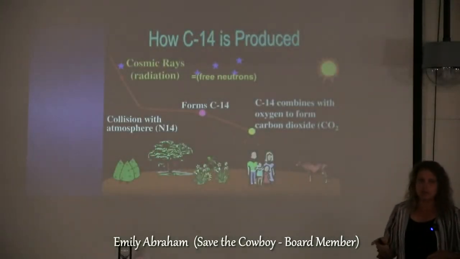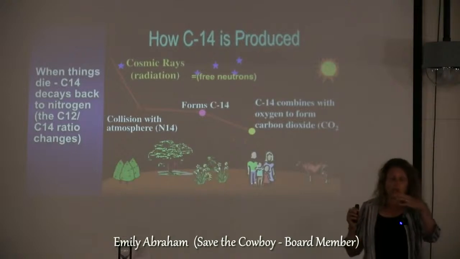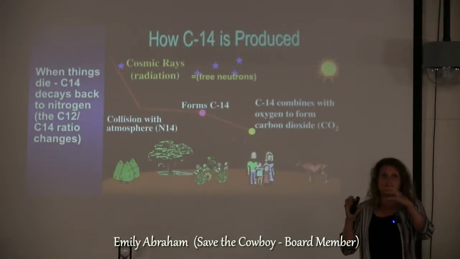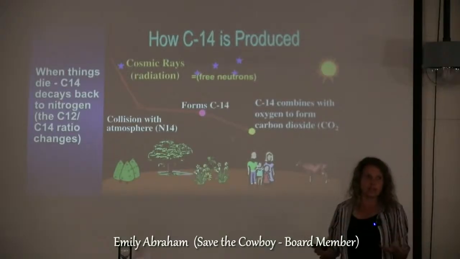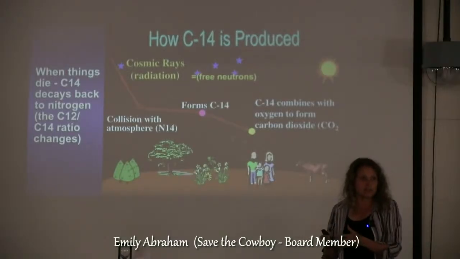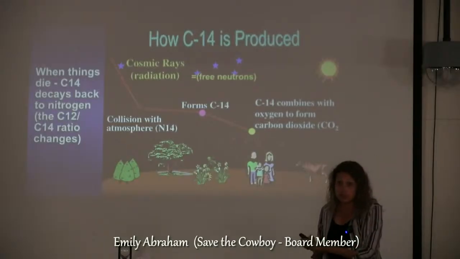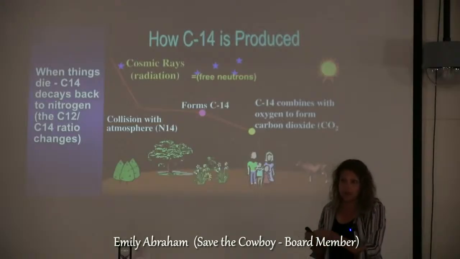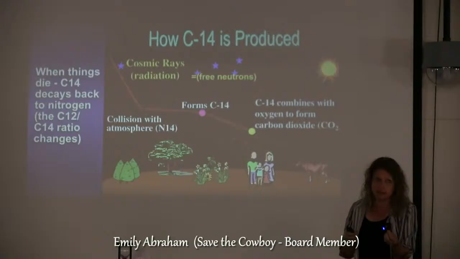Okay, carbon 14, this is how it's produced. Cosmic rays come in, smashing into the nitrogen, and it creates the carbon 14 because nitrogen is 7 protons. One of those protons gets turned into a neutron, so now it only has 6 protons, so it's a carbon.